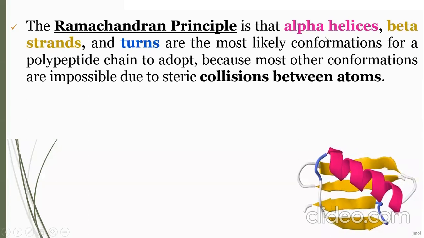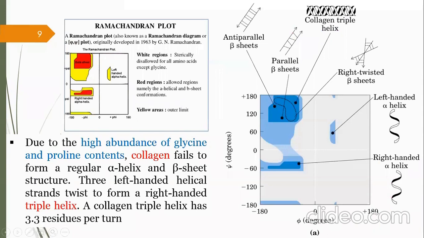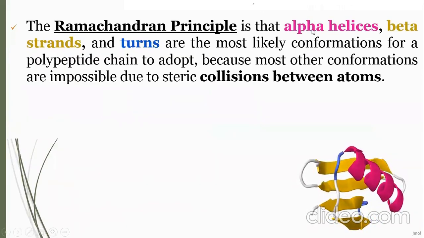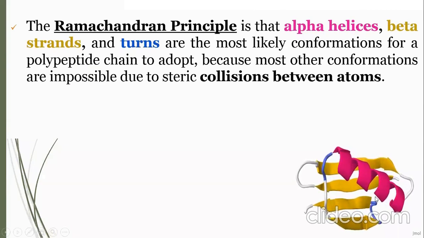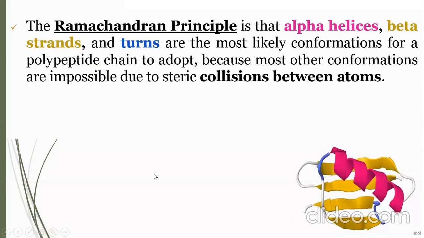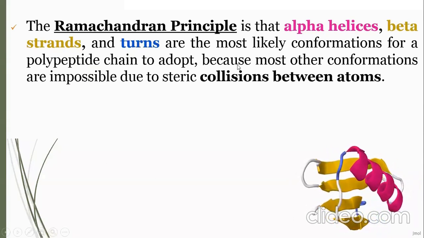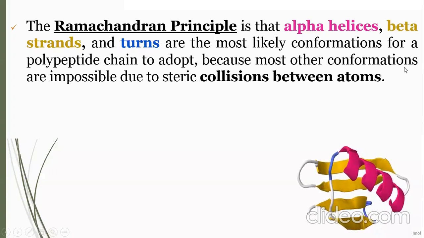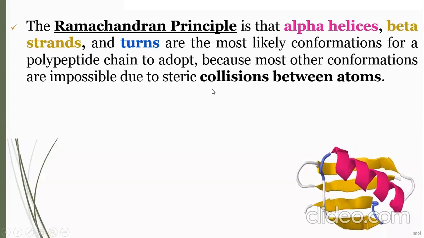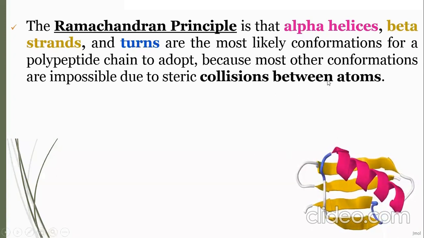Based on the Ramachandran plot, only these conformations are possible within a peptide chain, because most other conformations are impossible due to steric collisions between atoms.